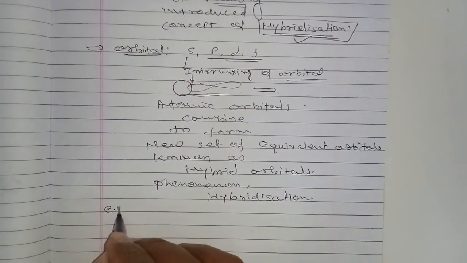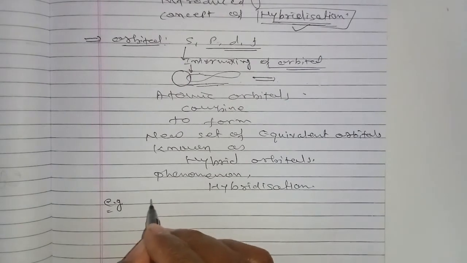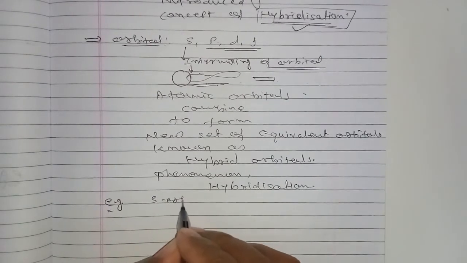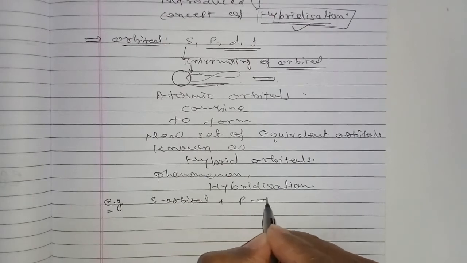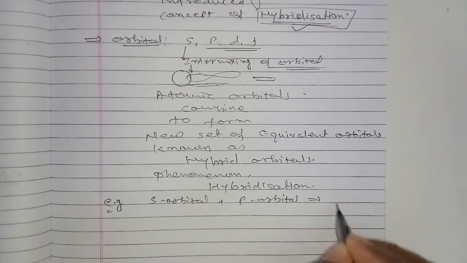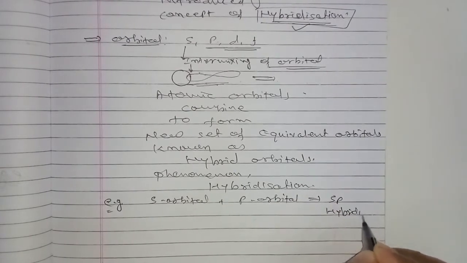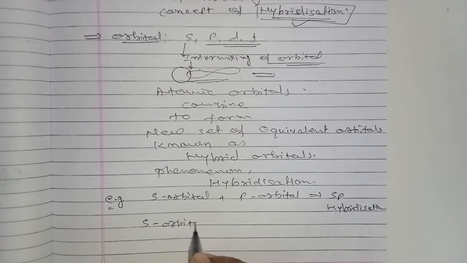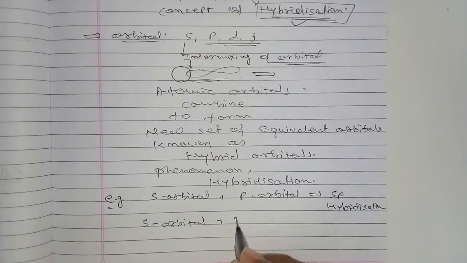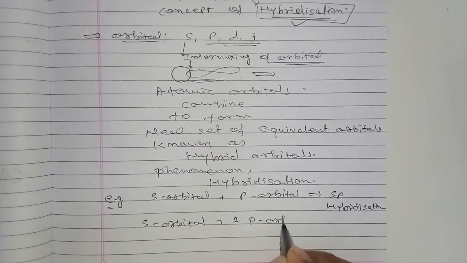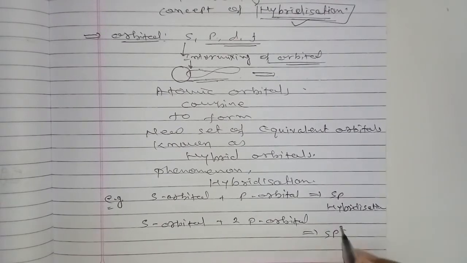Suppose, for example, an s orbital and a p orbital are intermixing, it forms sp type hybridization. Suppose an s type orbital and two p type orbitals are hybridized, and it is called sp2 hybridization.